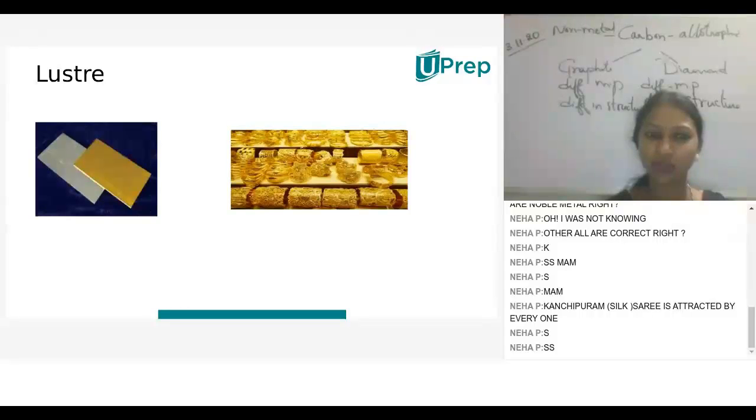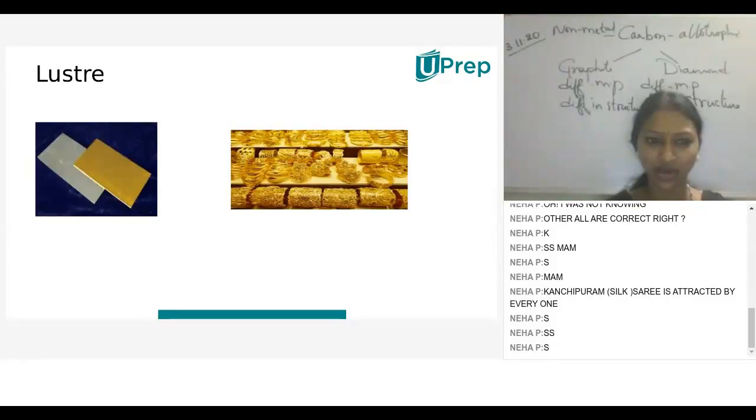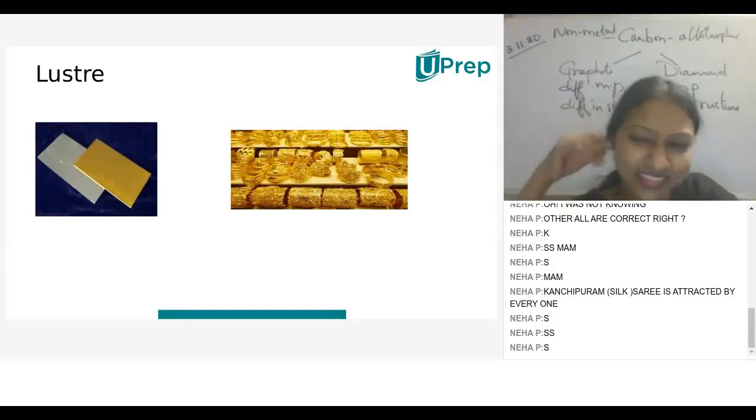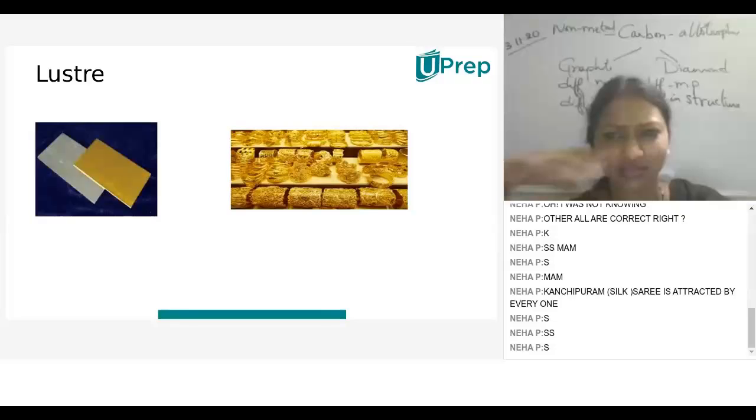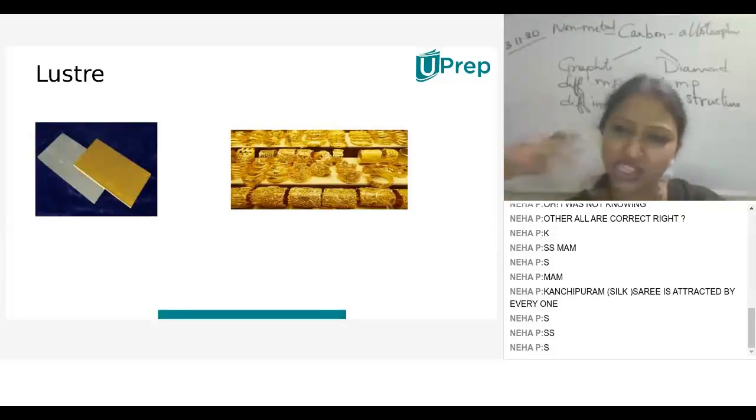Is Kanchipuram on the border of Tamil Nadu or Kerala? Ma'am, Kerala. She told us in class that she's from Kerala. Ma'am, actually, it is the name of a saree. Here in Kerala, brides wear this type of saree for weddings. Yeah, even in the whole south we go with silk only. Even I'm very fond of silk.